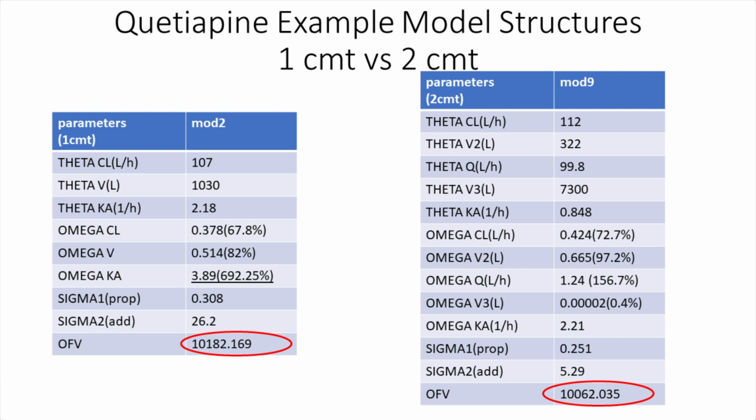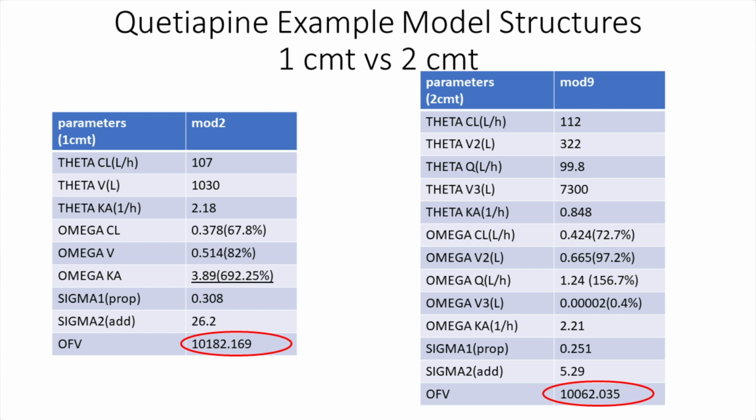The omegas are the between subject variability on those parameters. So you can see that we have the omega clearance, right? This is the between subject variability on clearance. The value returned by NONMEM is 0.378. When we convert that to a percentage between subject variability, it's about 68%.